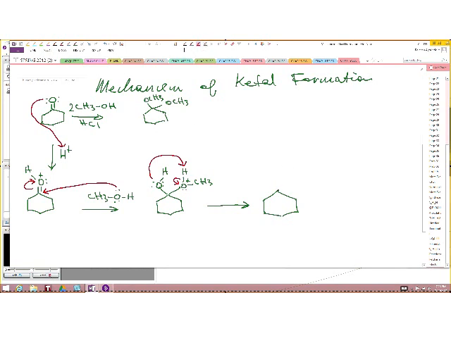So now this intermediate is now set up to lose water.